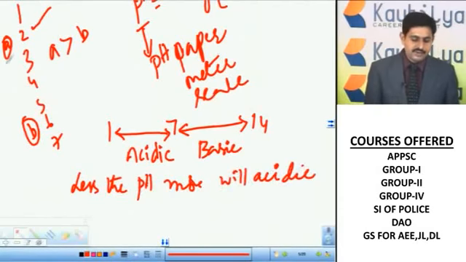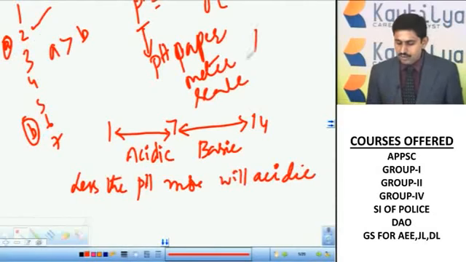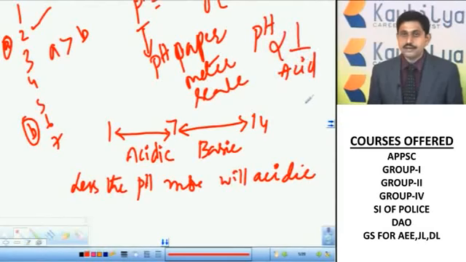So a solution with a pH of 2 and a solution with a pH of 4, which is more acidic? The solution with pH 2 is more acidic. As the pH increases, the acidic character decreases. Okay.